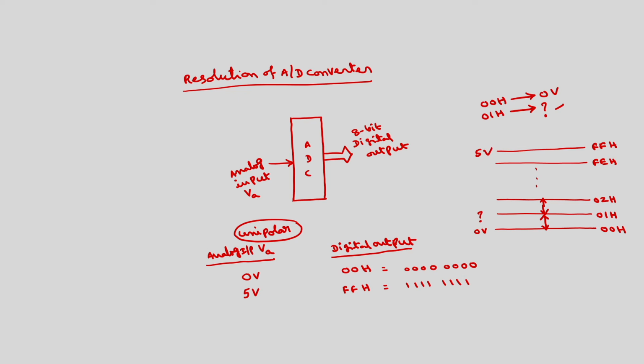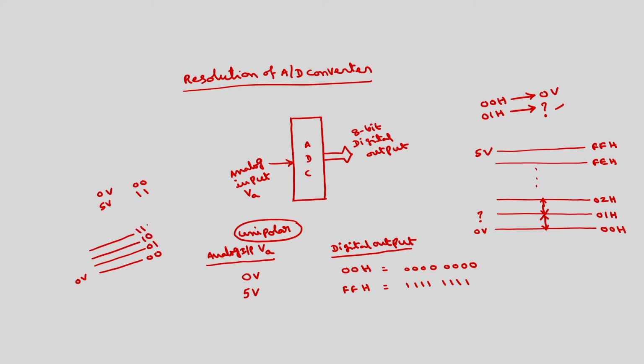Before going to this 8-bit representation, to have clarity, I will discuss just 4 levels. Suppose I represent 0 volts by only 2 bits, 00 binary, and 5 volts by 11 binary. So 0 volts will be 00, this is 01, this is 10, this is 11.